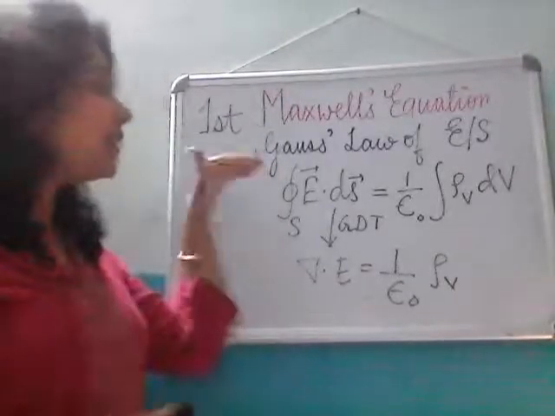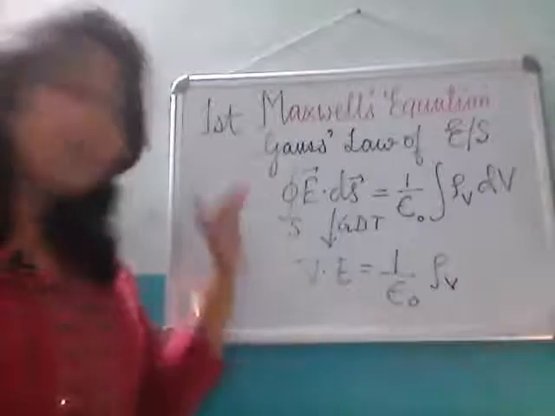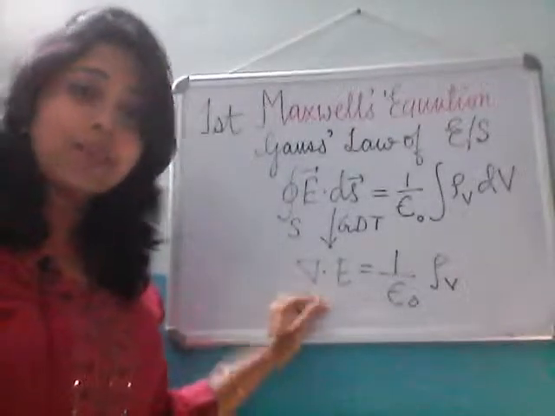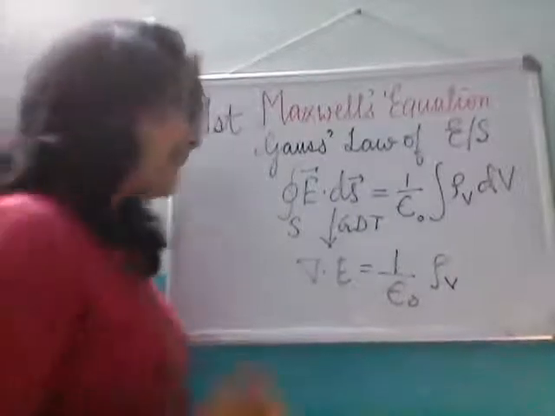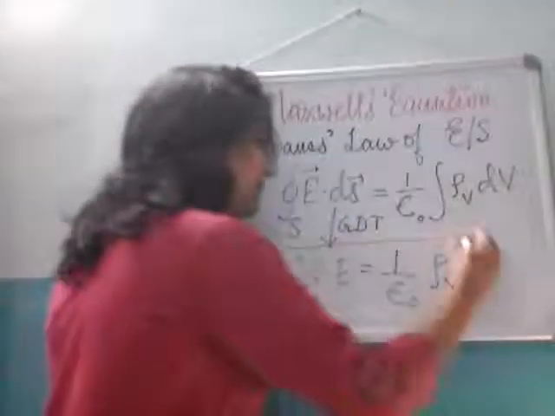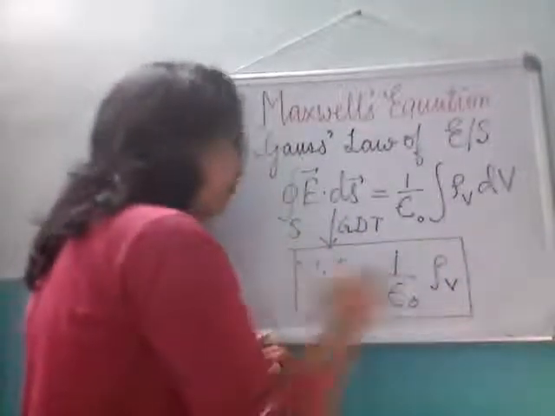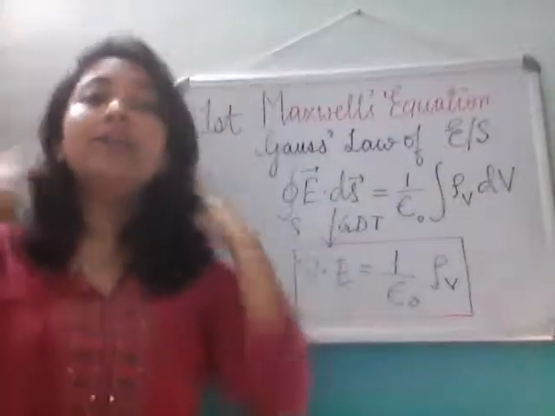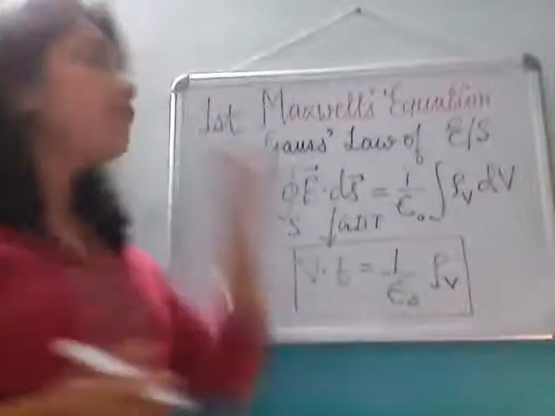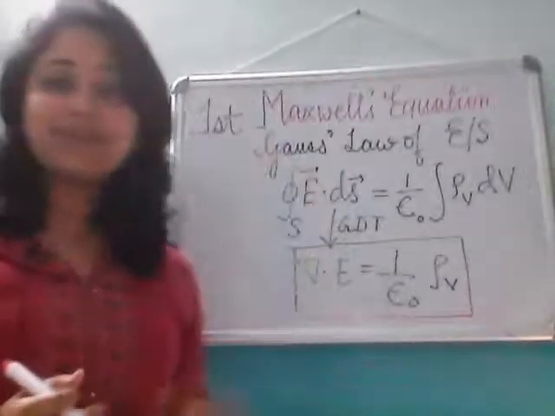I have converted the integral form into a differential form. And this particular equation that you are able to see here, the divergence of E is equal to 1 by epsilon 0 times rho V, is nothing but the differential form of the first Maxwell's equation.